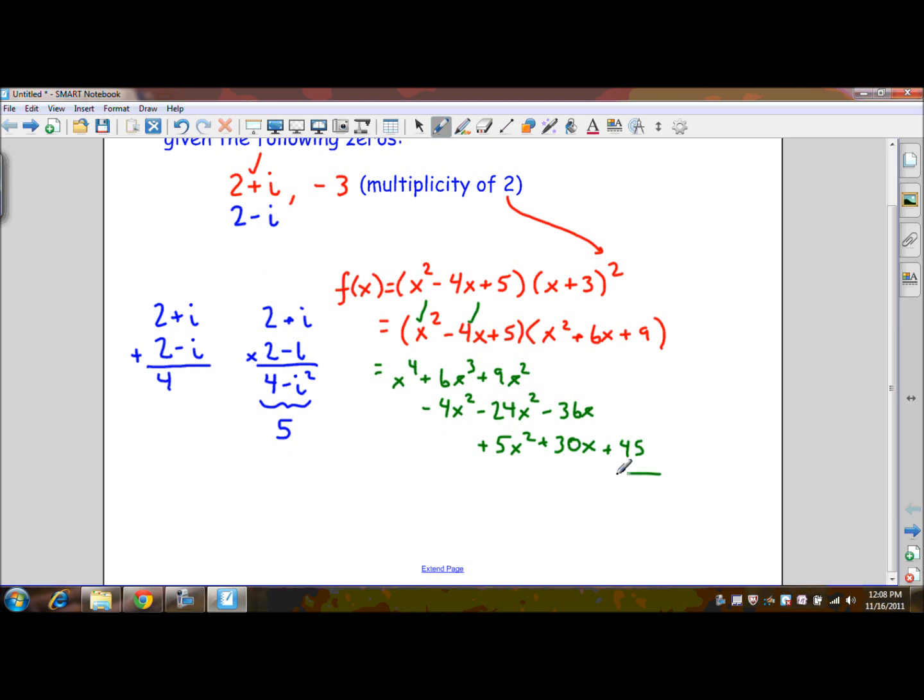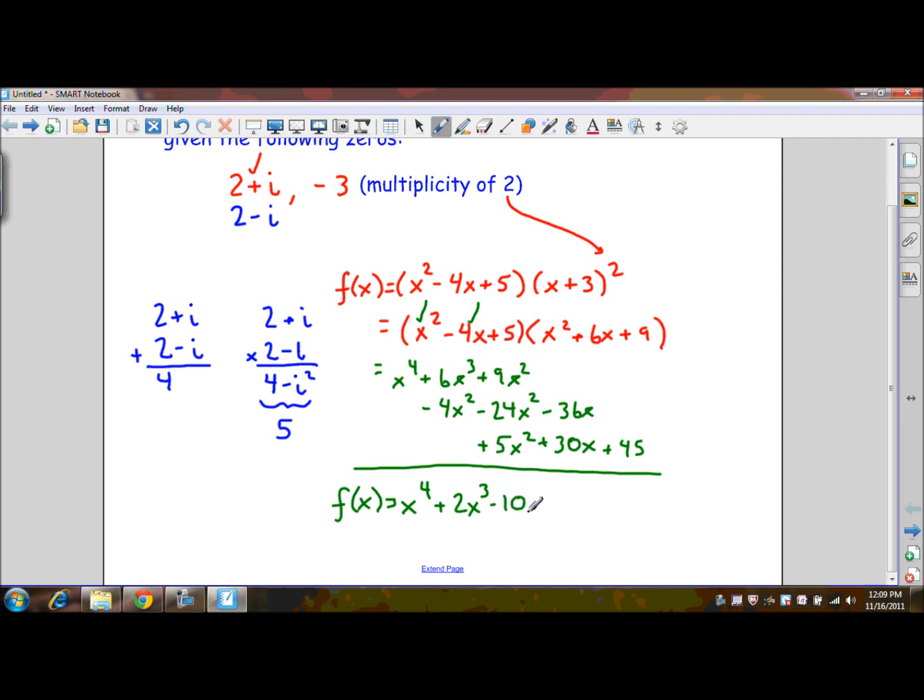So now I'm done with the middle. Now I go to the 5, and I get 5x squared, positive. Go to the middle, 5 times 6x is 30x. And then I go to the back, 5 times 9 is 45. I like this technique. This is essentially a vertical technique because it lines up everything.